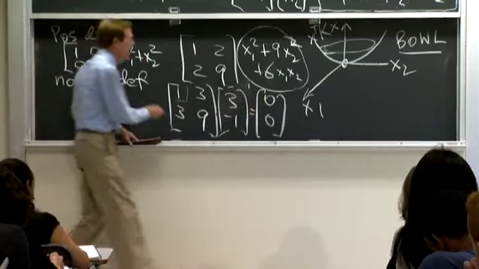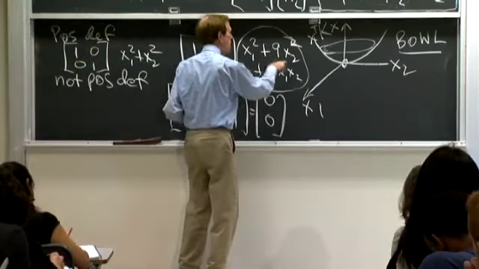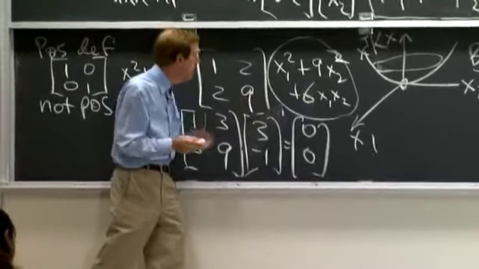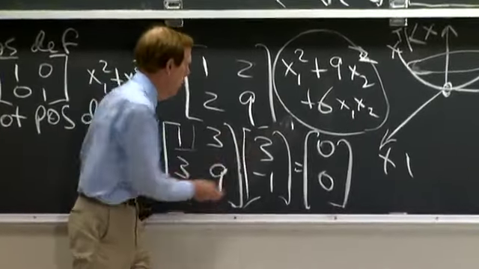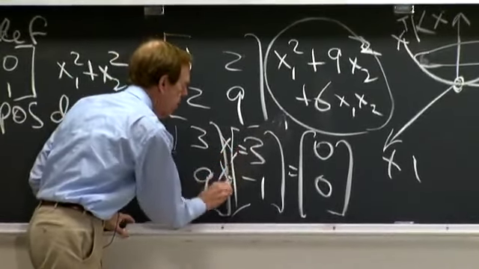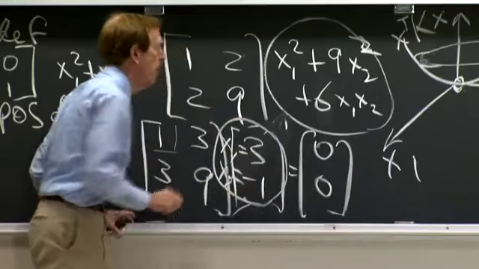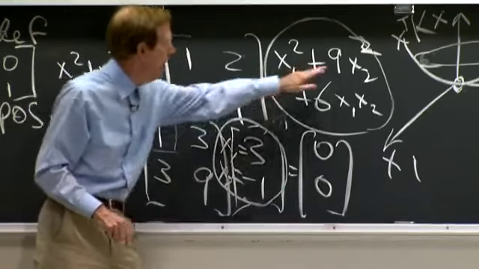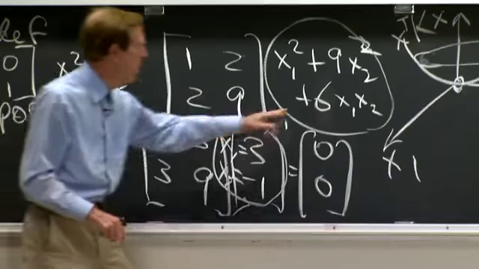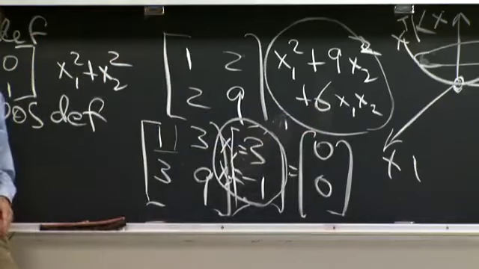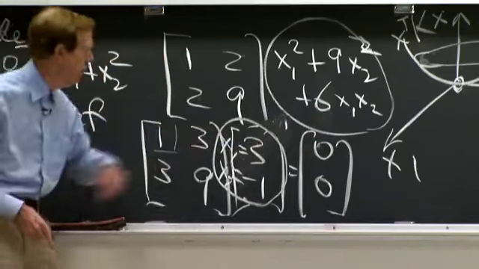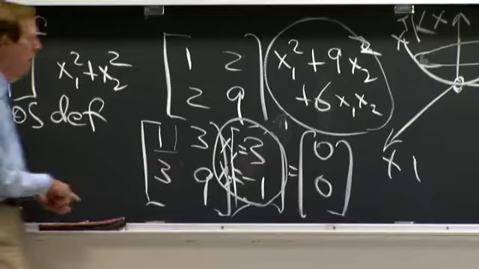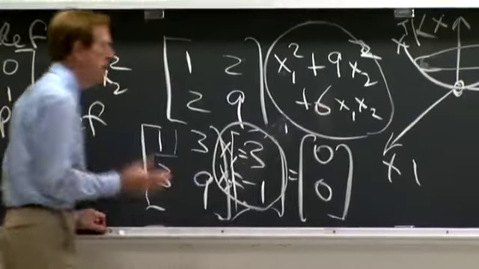I believe this is 0 at 3, minus 1. If I take x1 to be 3 and x2 to be minus 1, I've got 0 energy here. x1 squared will be the 9, and 9x2 squared will be 9 more. And what will this 6x1x2 come out to for this x1 and x2? Minus 18. So I'd get 9 from there, minus 18, 0.